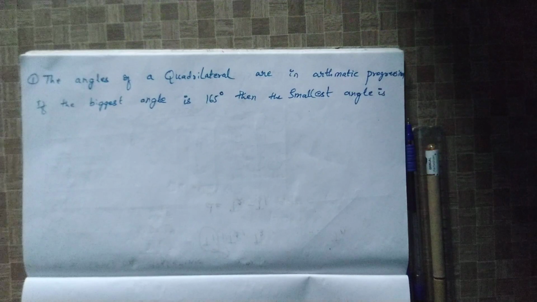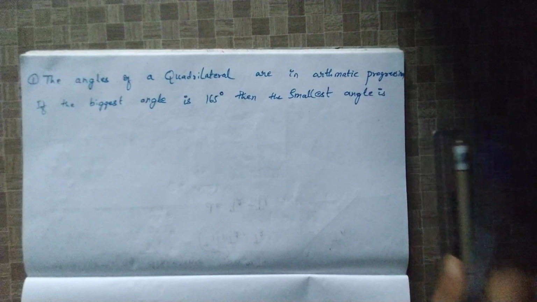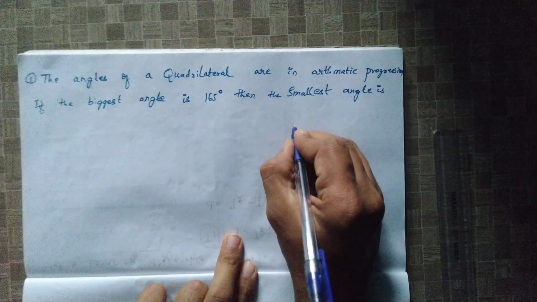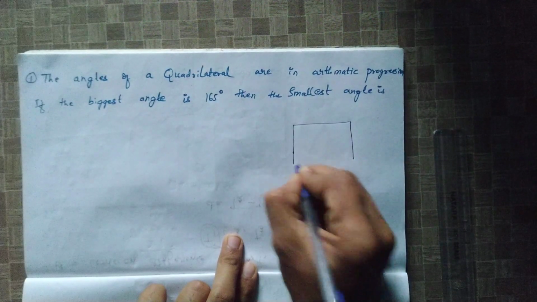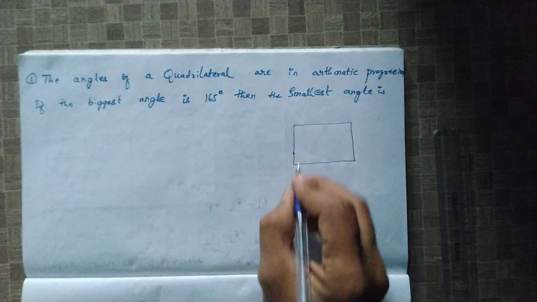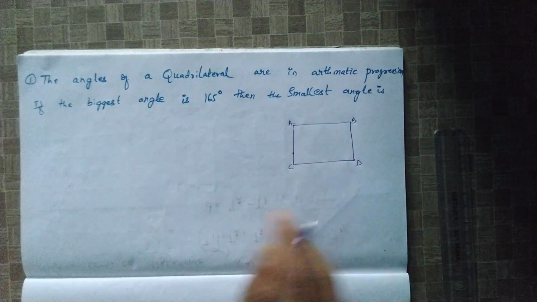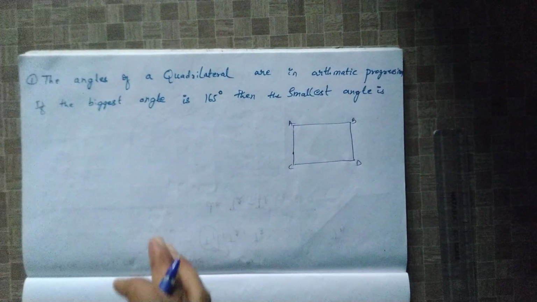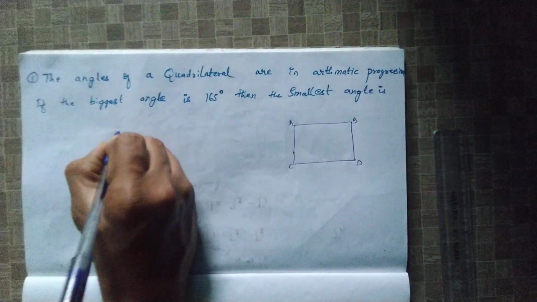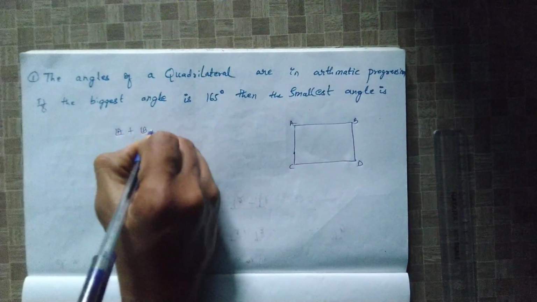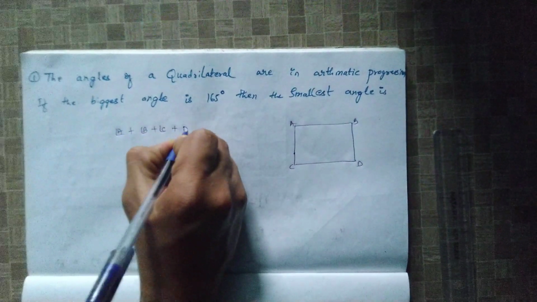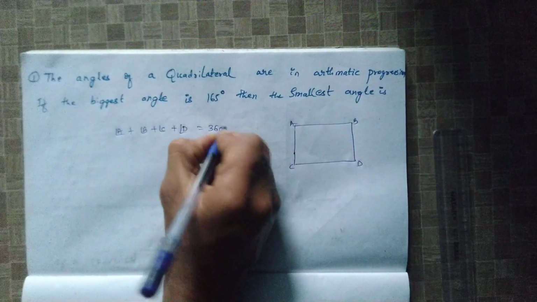So we first draw a quadrilateral ABCD. Now we know that the sum of all the angles of a quadrilateral is 360 degrees.